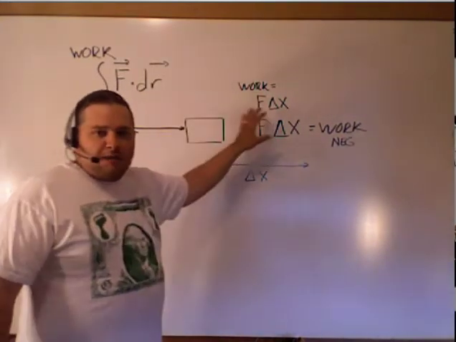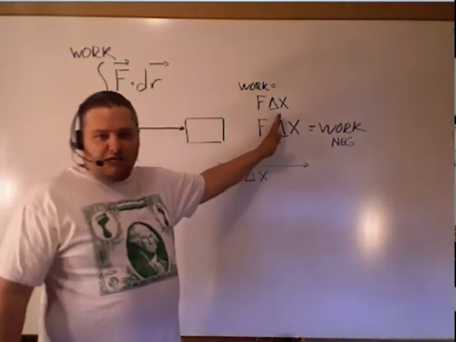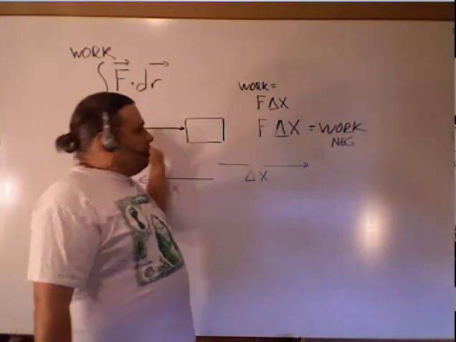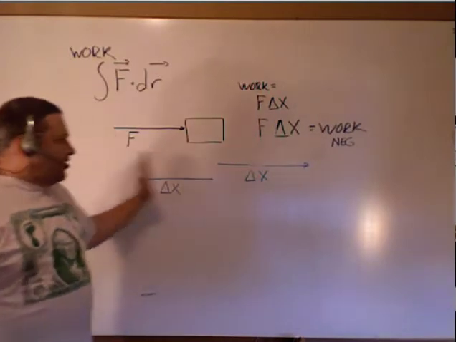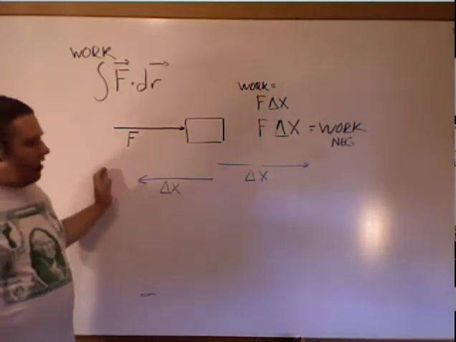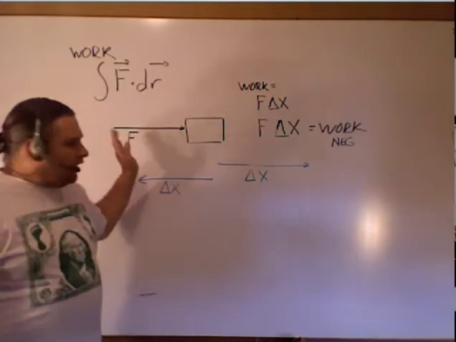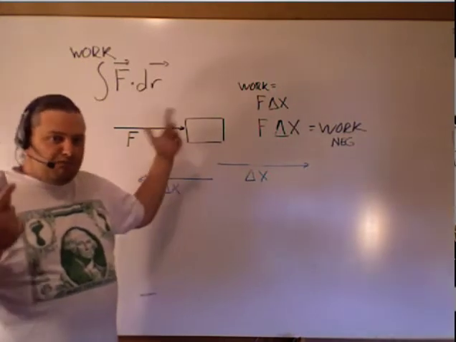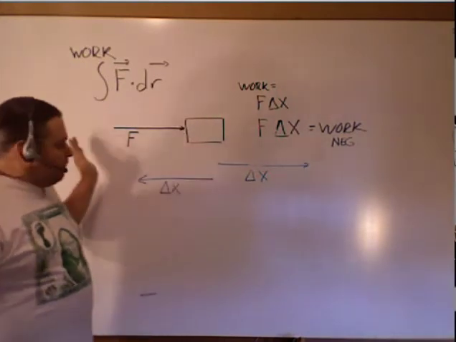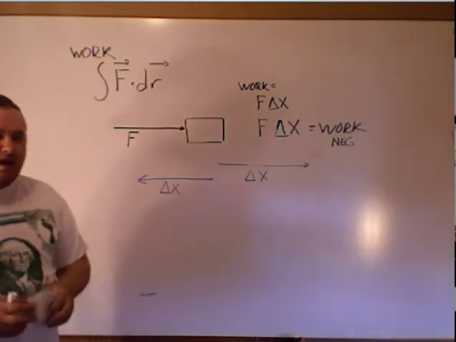Am I moving the object any faster in this direction? No, I am not. I'm attempting to slow the car down. So the work that I am doing by the brakes is attempting to slow the vehicle down.